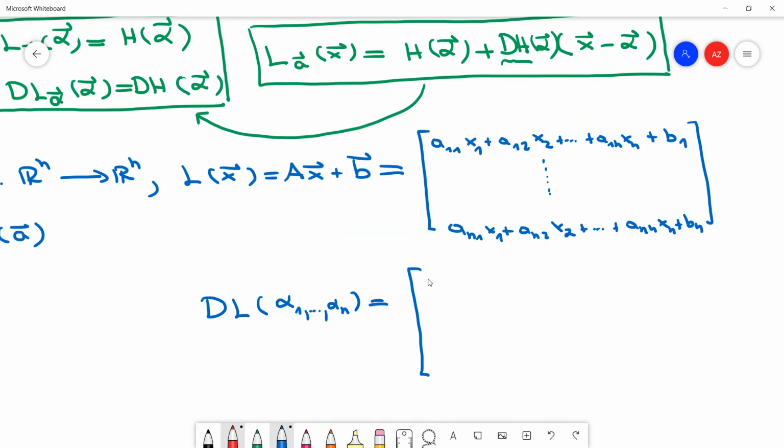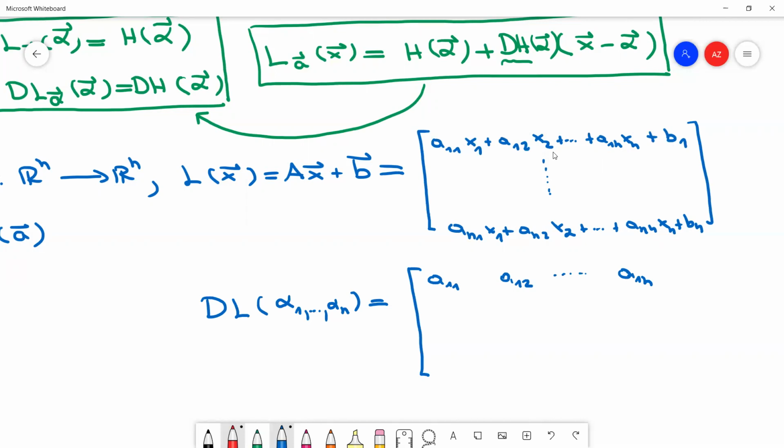And first we calculate the derivative of the first function with respect to x1 and get just a11. Then in the second column, we calculate the derivative with respect to x2, and we get a12. And so on. We calculate the derivatives with respect to all the variables, and we get a1n.